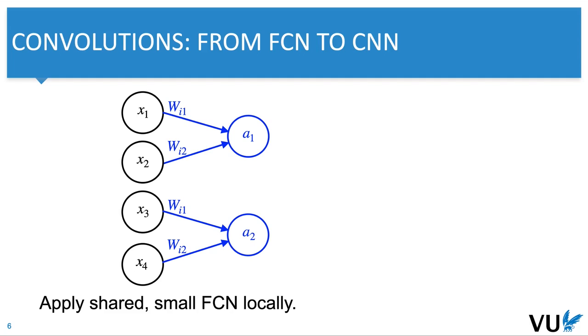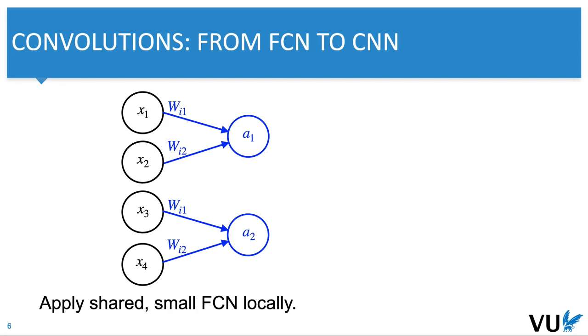So what if we go in a different way? What if we apply a shared but small fully connected network? Here we have some small fully connected network with two weights, w_i1 and w_i2, and we apply them to only parts of the input.